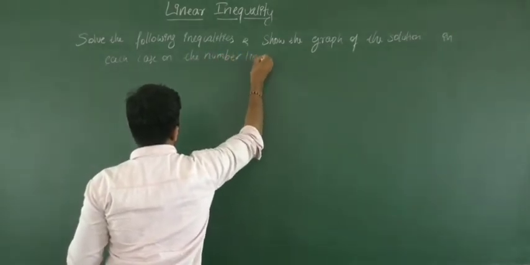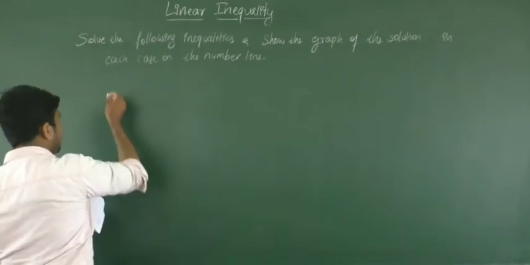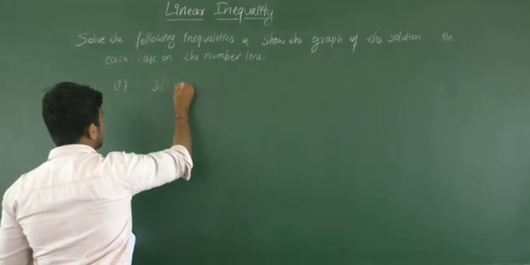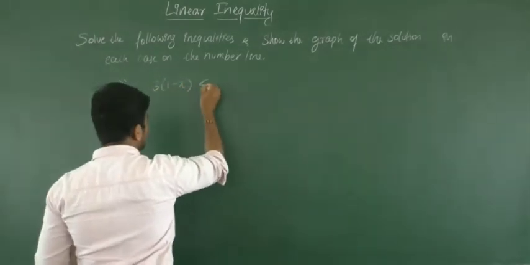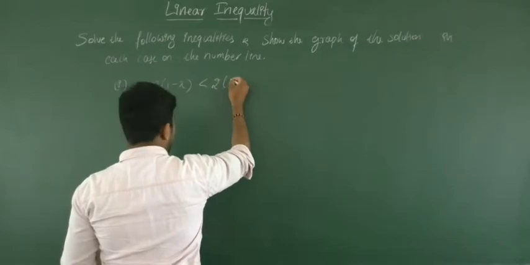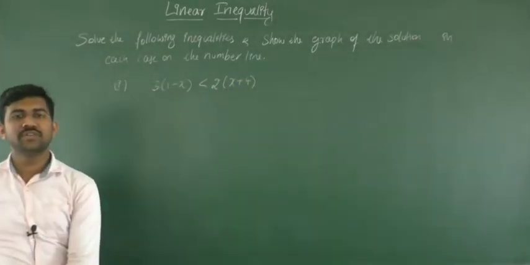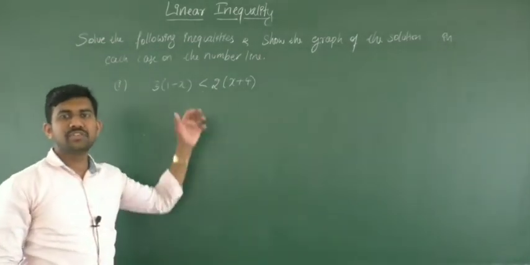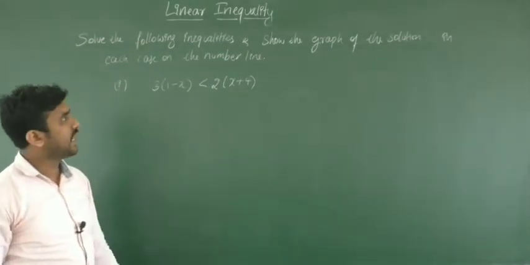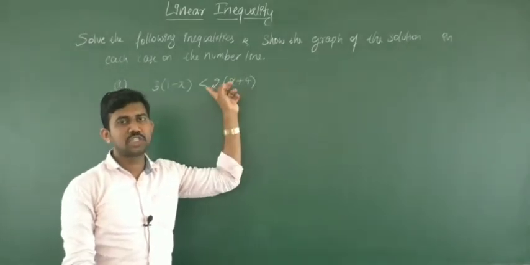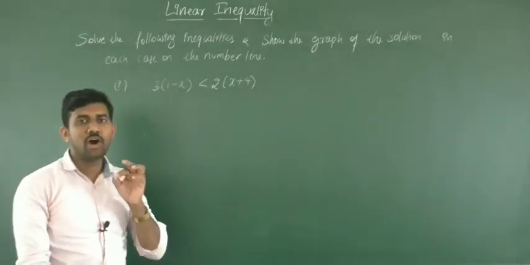The first question is 3 into 1 minus x less than 2 into x plus 4. According to the question we have to solve this one. First we have to solve the given inequality and after that draw the graph of the solution of this inequality on the number line.